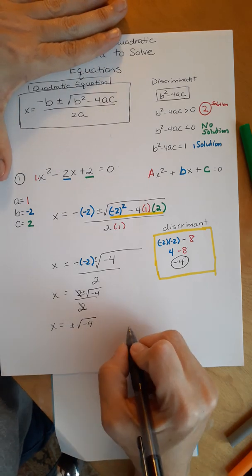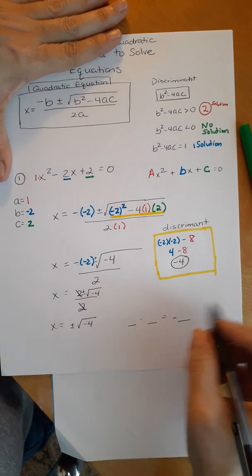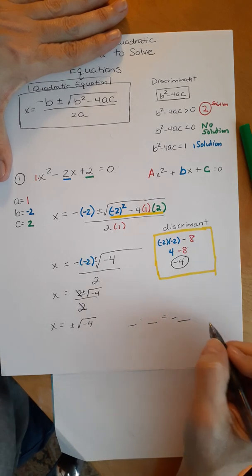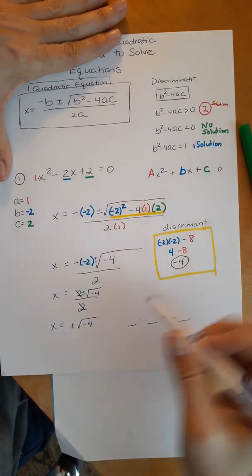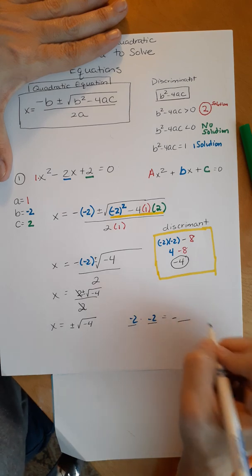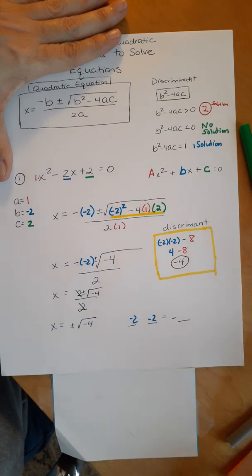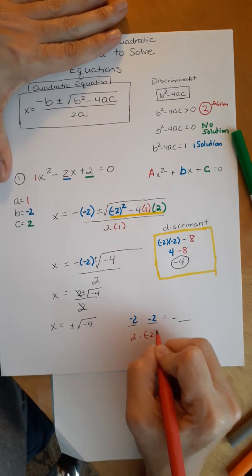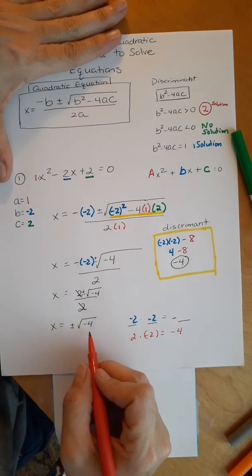That's because what 2 numbers can I multiply that are the same number that will give me a negative answer? We can try -2 times -2. If we do that, guess what happens when we multiply them? We get +4. We don't get -4, right? And if we multiply 2 times -2, then yeah, we get -4, but they're not the same number.